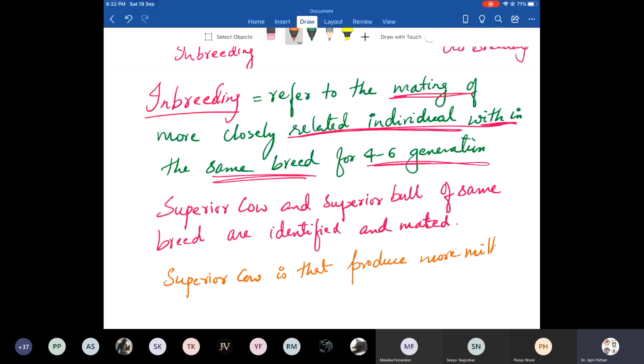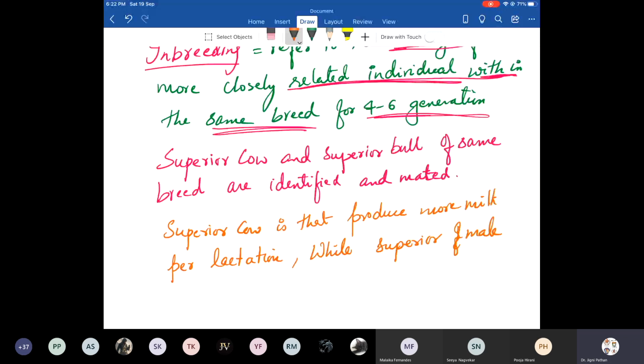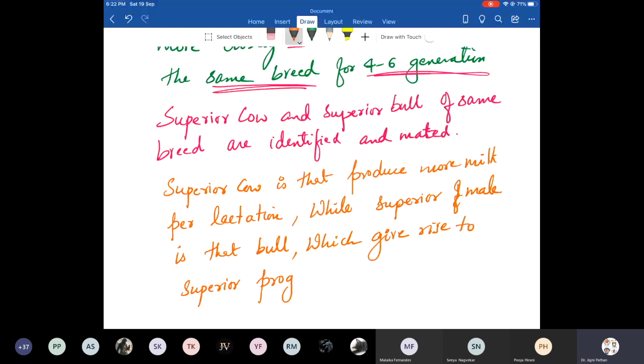While the superior male is that bull which gives rise to more and superior progeny as compared to those of other males.